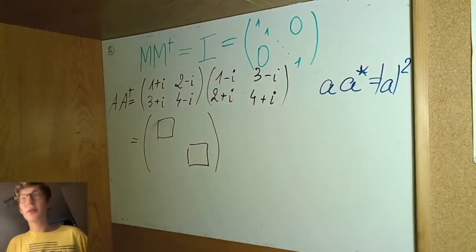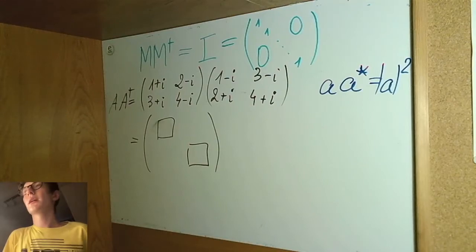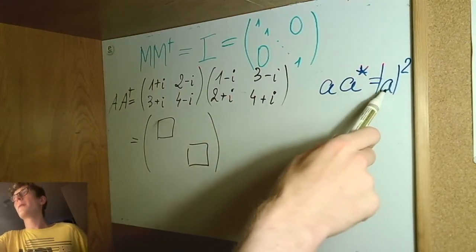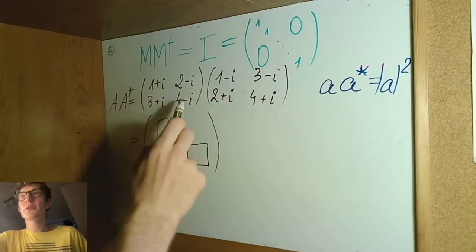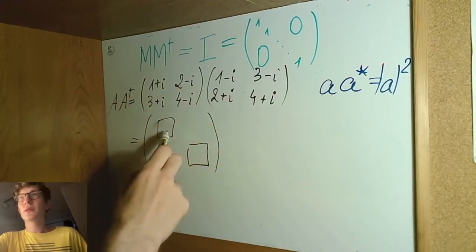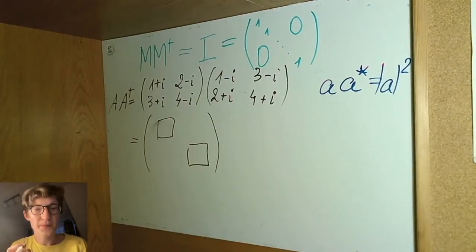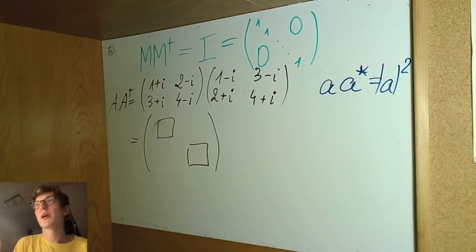What is our condition? It means that the sum of squares of absolute values of these numbers is 1, right? So it is the condition that we had in the first problem, that this row is a normalized vector, right?